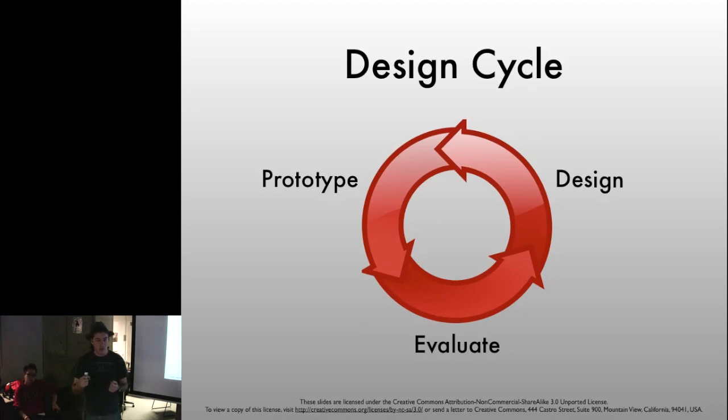So the more times you just design something, make a quick prototype, test it with some people, get some evaluation back on that, redesign it, refine your design, and keep getting more and more sophisticated with your prototypes, eventually you'll have a fairly usable application.